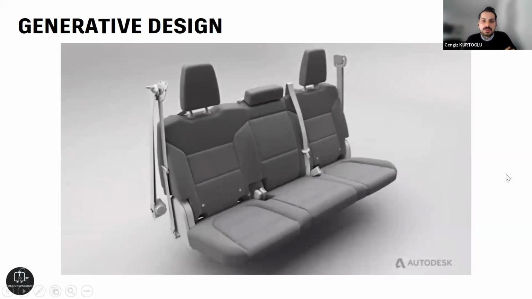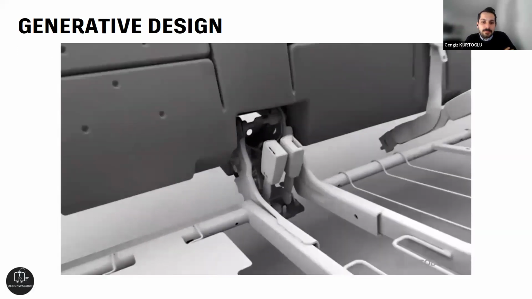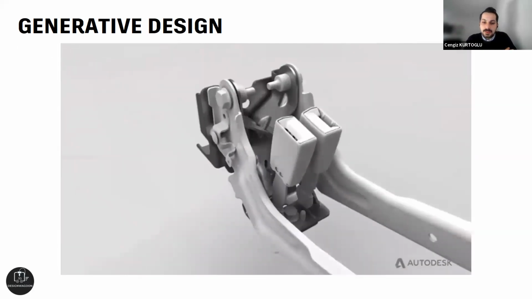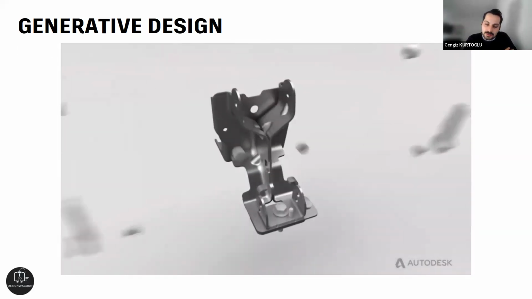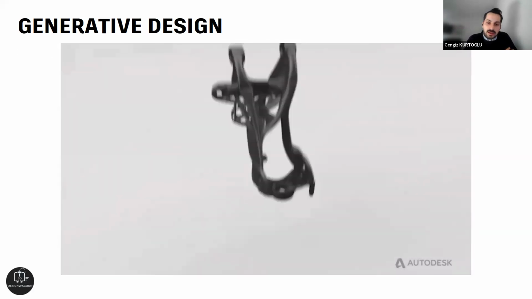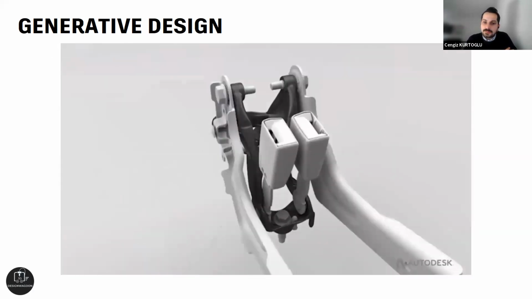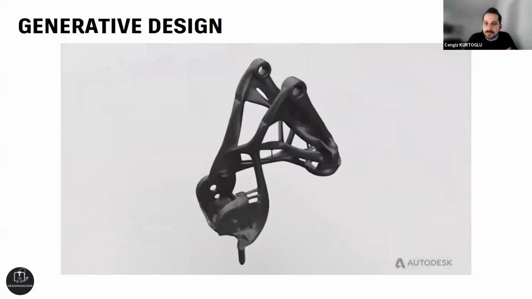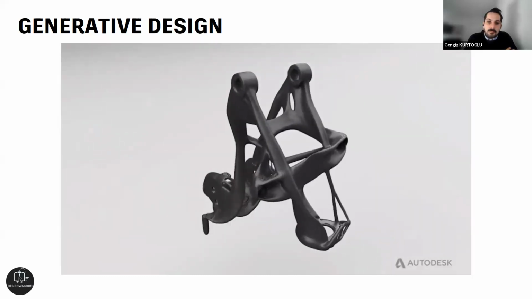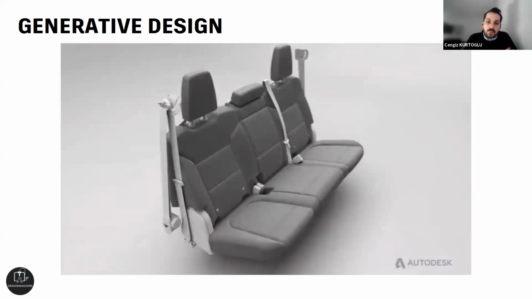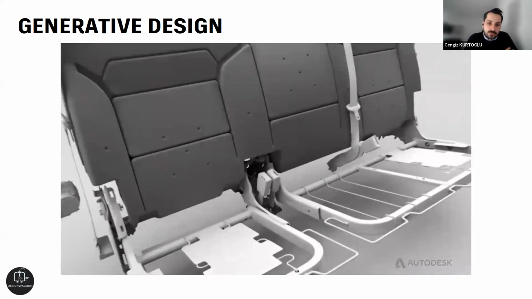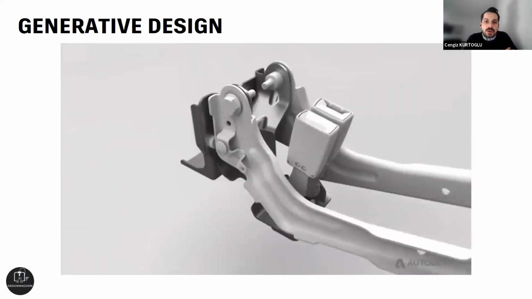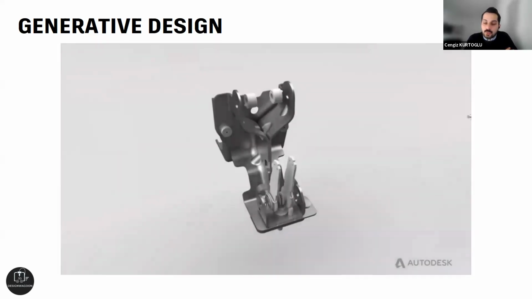And also generative design. As we talked about topology optimization to lighten the parts, generative design uses AI, artificial intelligence, with different types of algorithms to create your parts just using some parameters, such as the materials you want to use on the projects, the loads or constraints, or the types of manufacturing tools.